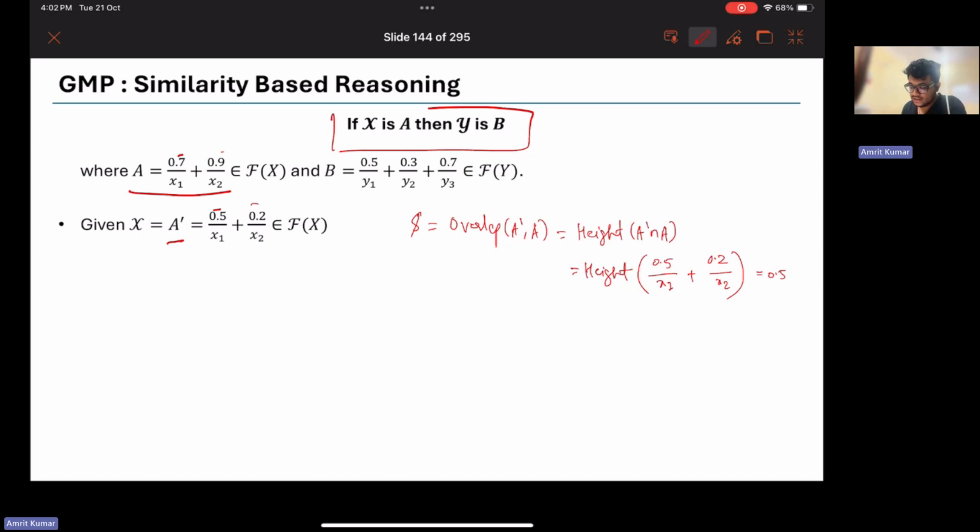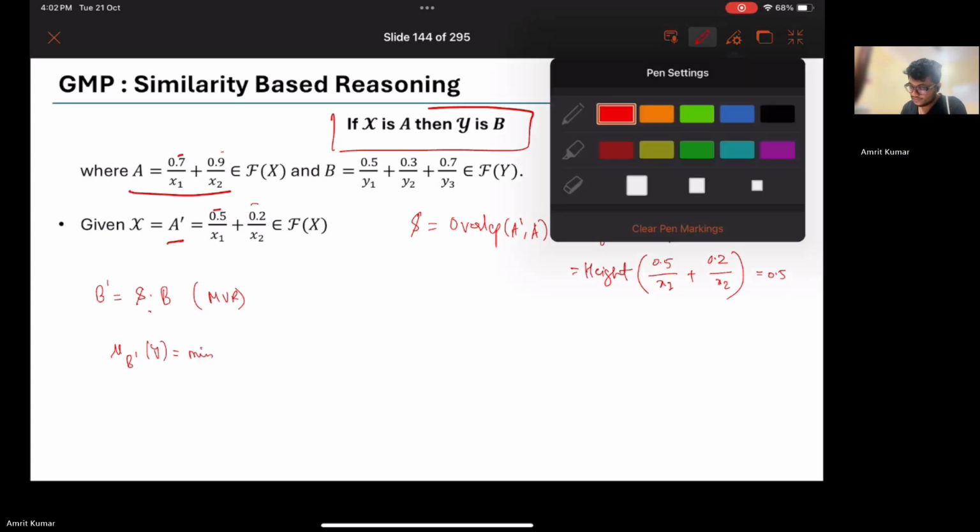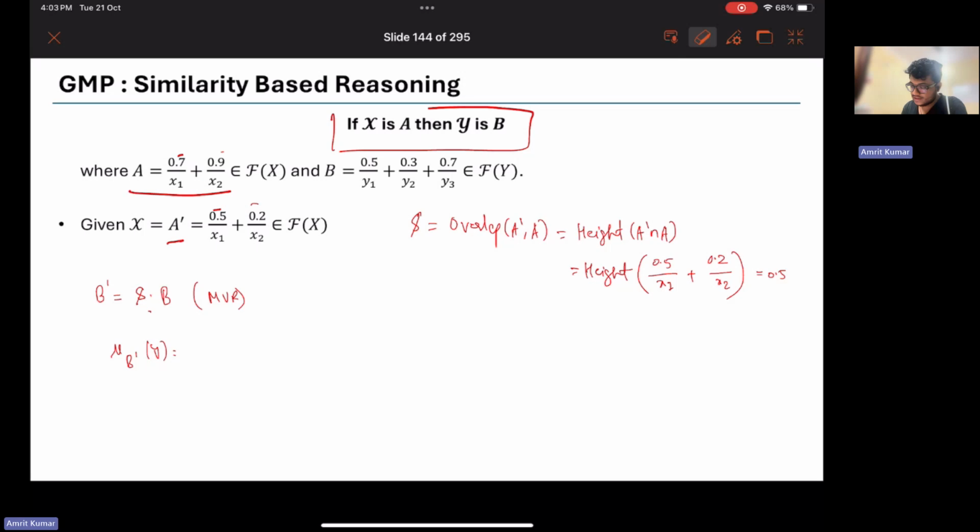And then having obtained the similarity value, we obtain our fuzzy set B dash by MVR scheme, which uses the product operation by default. So in other words, the membership function of B dash looks like this.